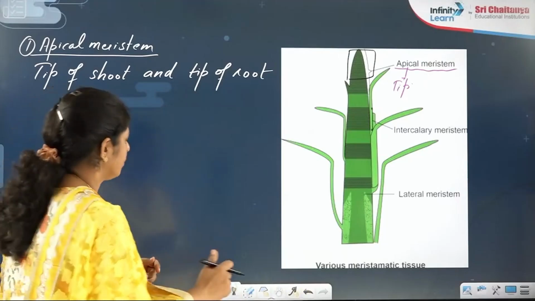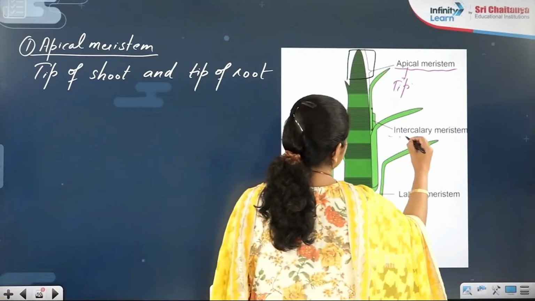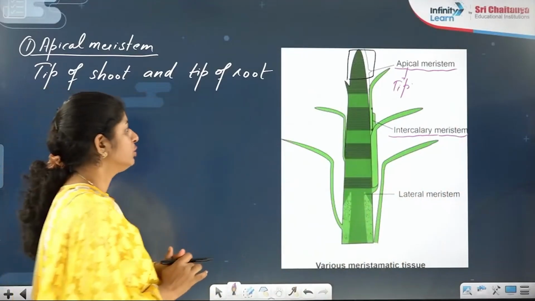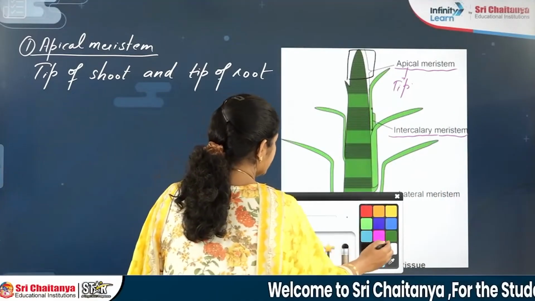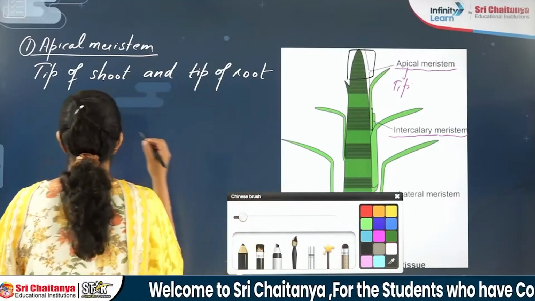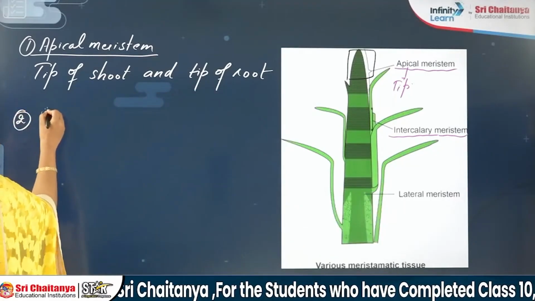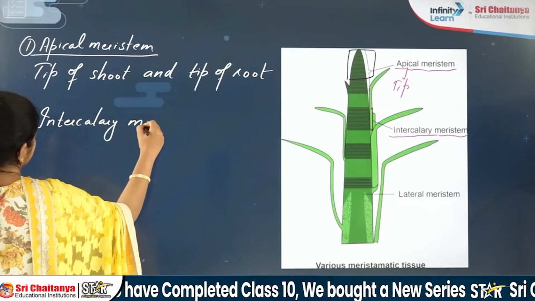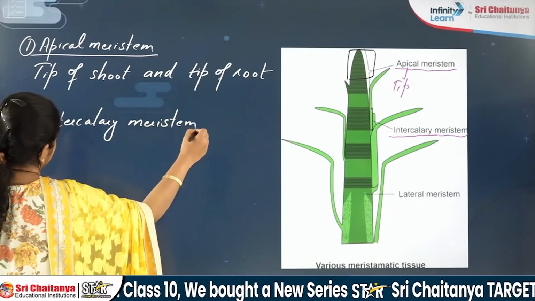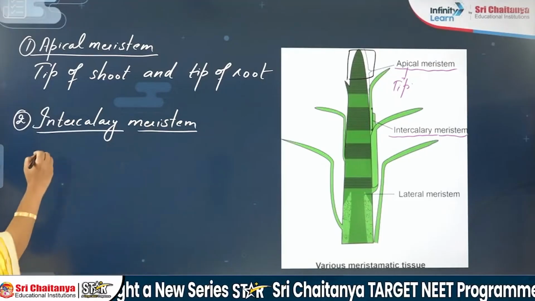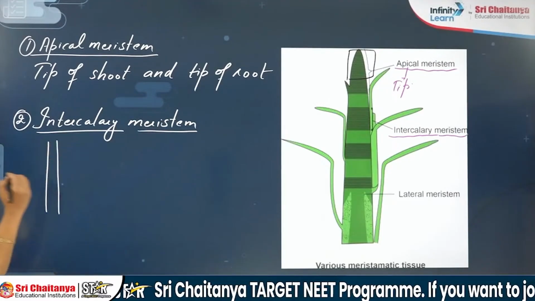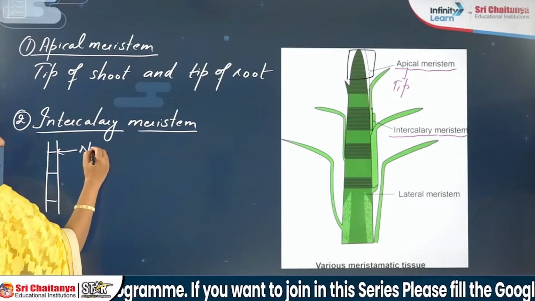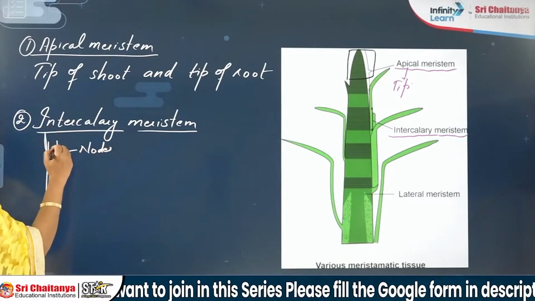Now the next type we discuss is the intercalary meristem. To understand the intercalary meristem, you should know one fact. I already mentioned that point. The second point I am taking for the intercalary meristem. Now, a shoot is there. I already mentioned, these are the nodes, where the leaves are coming out.